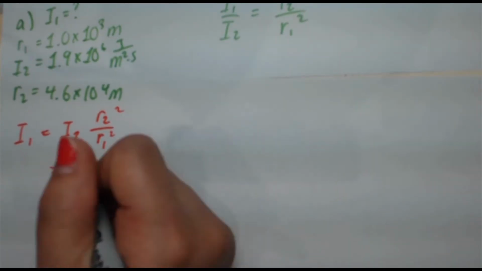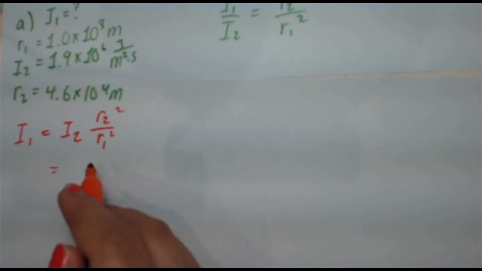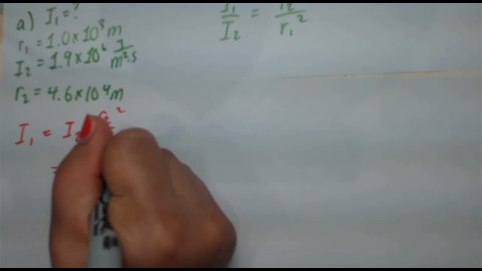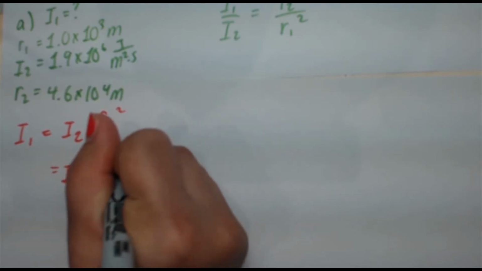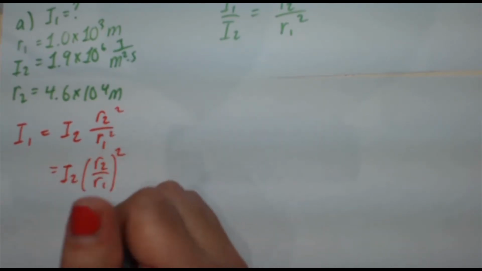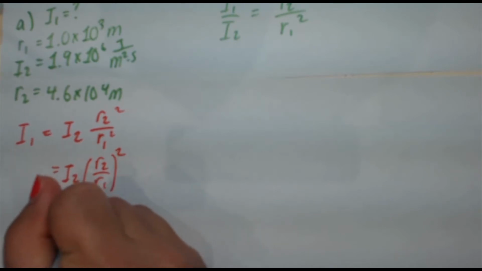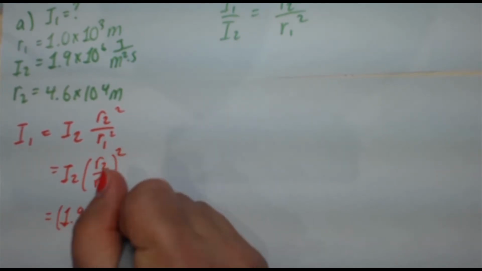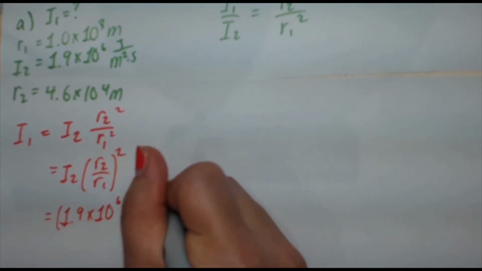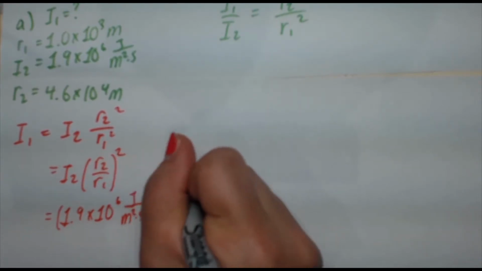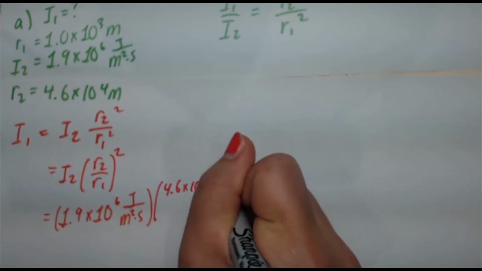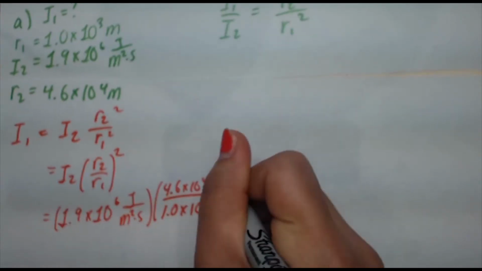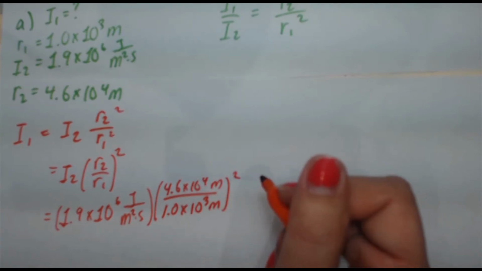So I can actually take this because both the top and the bottom are being squared. Let's just stick it into brackets and then square the entire bracket. So R2 over R1 all squared. Now you just plug in your numbers. I2 is 1.9 times 10 to the 6 joules per meter squared seconds times R2, 4.6 times 10 to the 4 meters divided by R1, 1.0 times 10 to the 3 meters, squared.